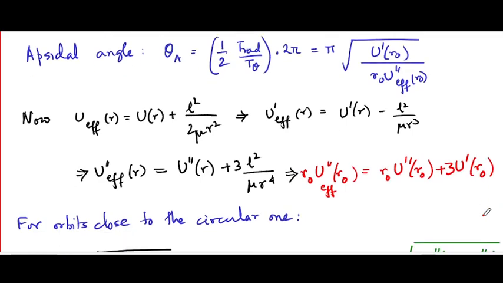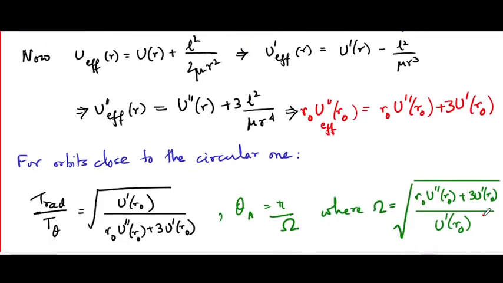So finally our expression simply becomes, for orbits close to the circular one, the ratio of these two time periods, written now entirely in terms of U, is given by square root of U prime R0 by R0 U double prime R0 plus 3U prime R0.